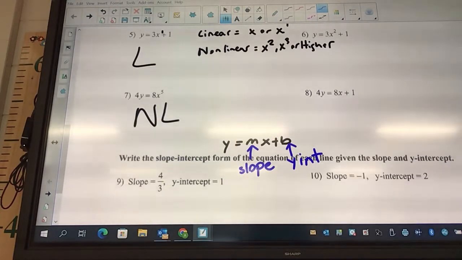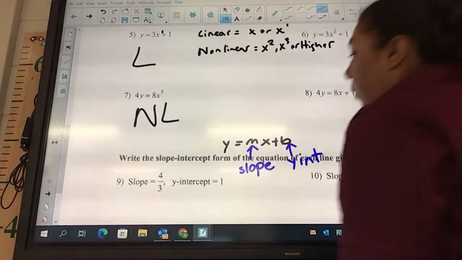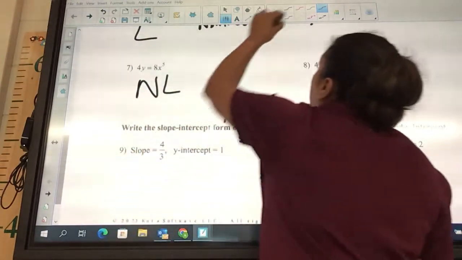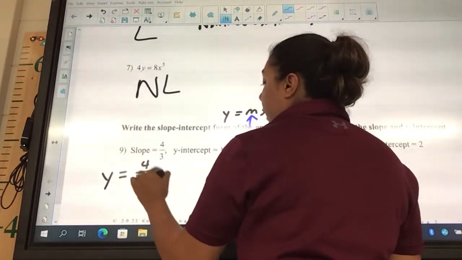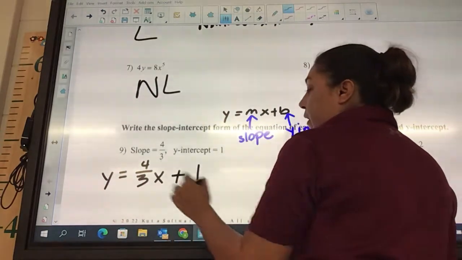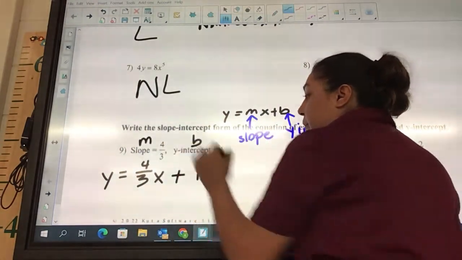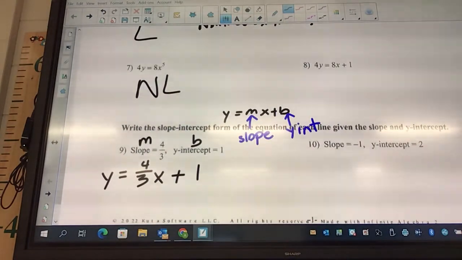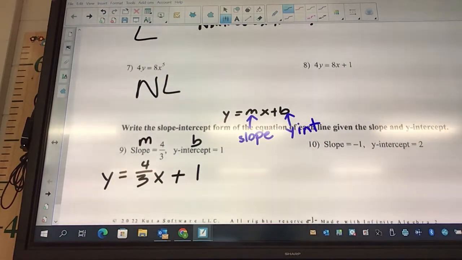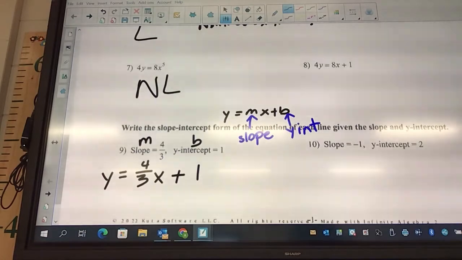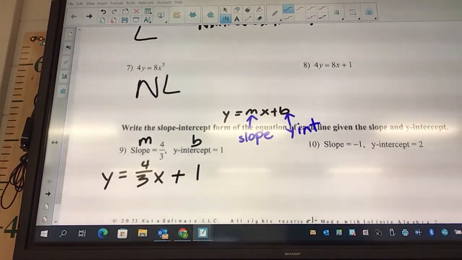Okay, so it's going to look like what? 4/3x plus 1. Okay, this is our m, this is our b.